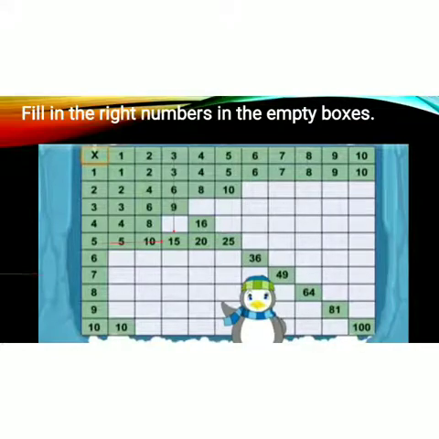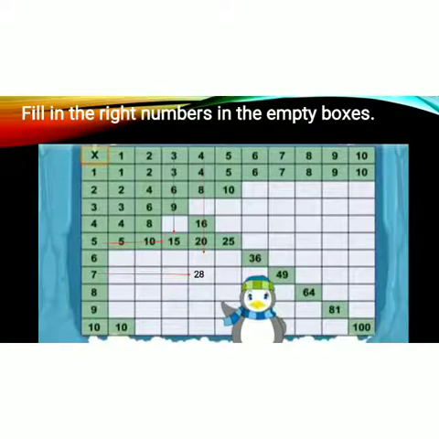Now second example, 7 and 4. 7 fours are 28. 7 from the row and 4 from the column. 7 fours are 28.